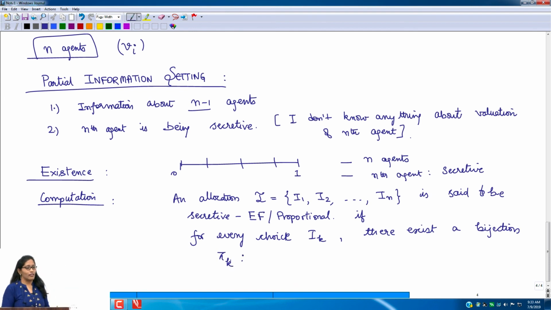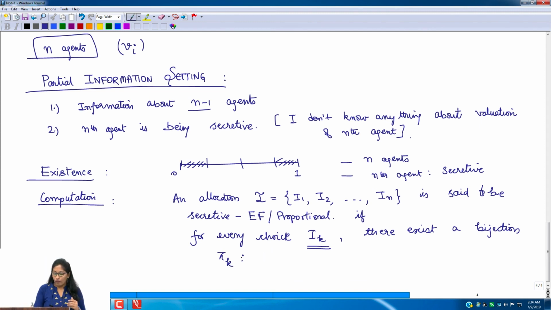Informally, what I am saying is, in this particular allocation there are n pieces, and let's say the nth guy comes in and picks the kth piece. So what I want is, for every piece picked up by the secretive agent, the remaining n-1 agents must be able to allocate the remaining n-1 pieces in a fair manner.